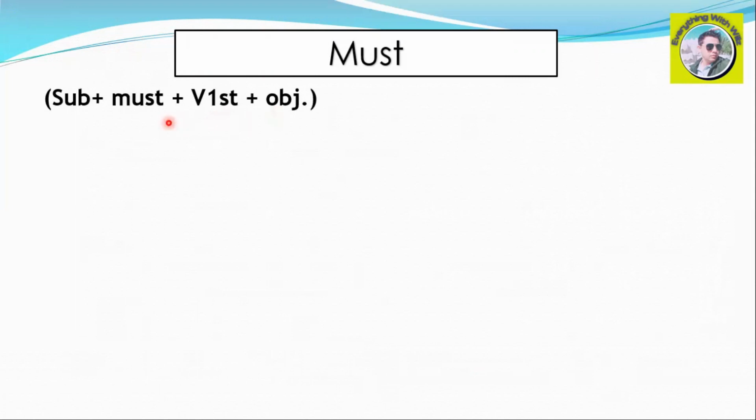All right. If you want to make the negative of this sentence using must, you have to put not after must. And using the contraction, you can use mustn't. Must not, the short form is mustn't. You can use mustn't as a negative if you want, but you can use must not.